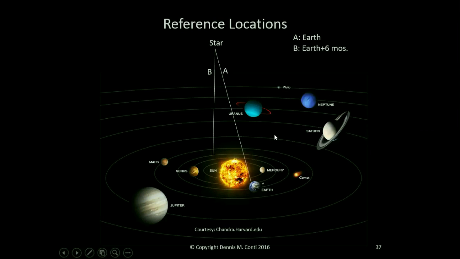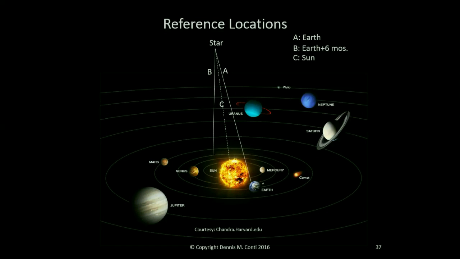Now, let's further complicate the issue by assuming that we're in the middle of the sun, noted by distance c. Well, that also is a different distance from the star, and an observer on the sun would also time the arrival of those photons slightly differently.